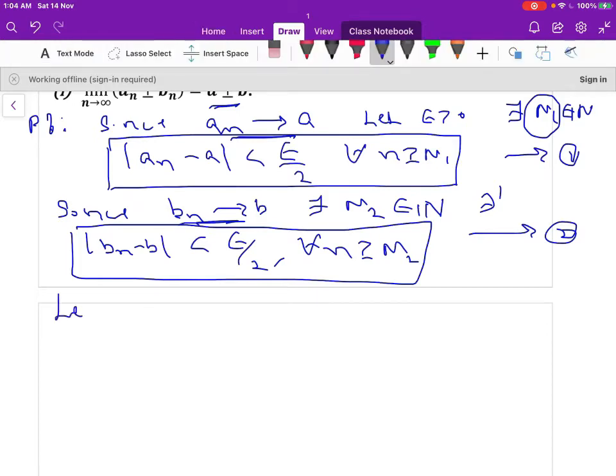Let us choose n. Let n be equal to the maximum of n1, n2.